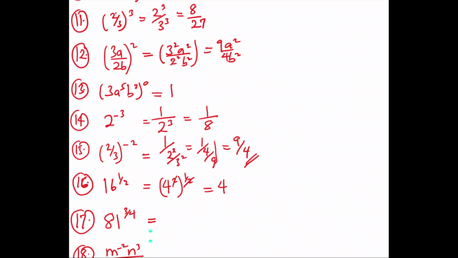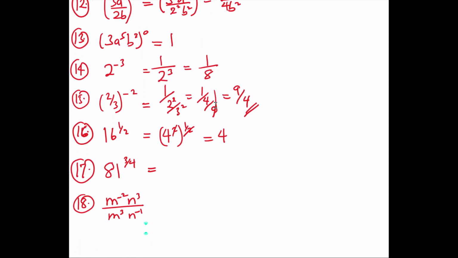Okay. So number 17, we have 81 raised to power 3 over 4. So we just do, the square root of 81 is 9, and the square root of 9 is 3.